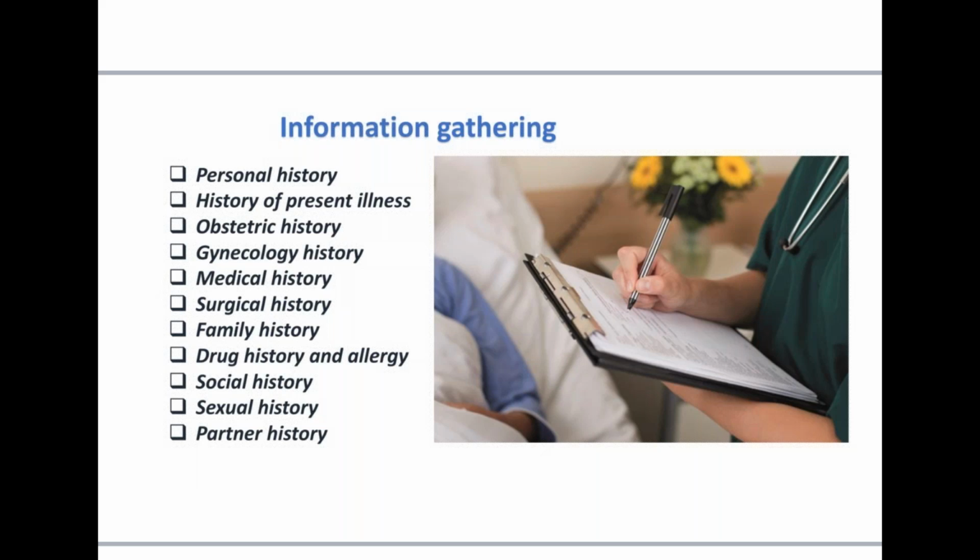And the partner history, we need to know more about the partner, about his BMI, about his chronic problems, about any investigation done, or any difficulty in intercourse, like that. And the job of the partner is very important. So these last two histories, only in subfertility cases. Okay.